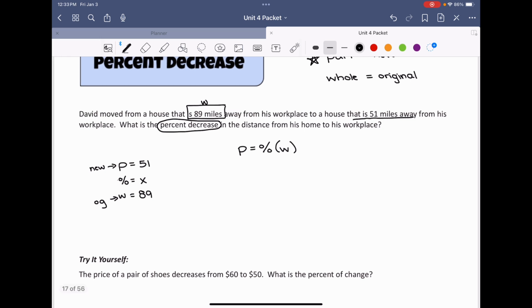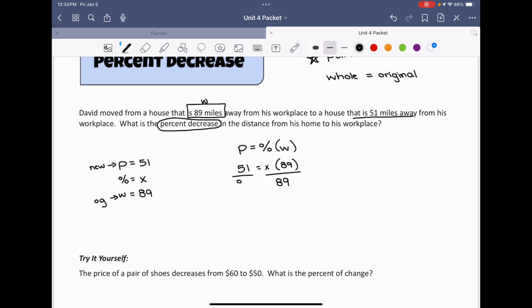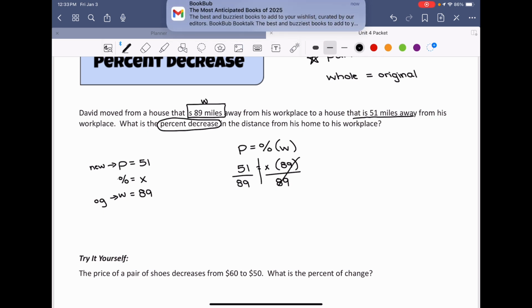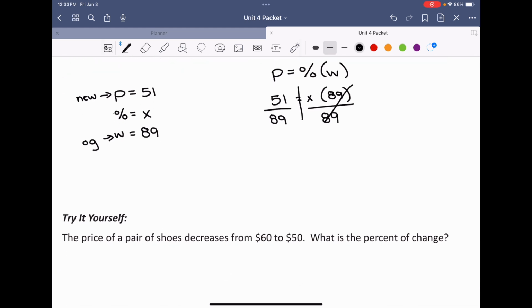So let's plug them in. 51 equals x times 89. Opposite of multiplication is division, so divide by 89 on both sides to isolate the variable. 51 divided by 89. We're going to get a very long decimal. We're going to write the whole thing. 0.5730 3708. So that's the whole thing that's on the calculator equals x.